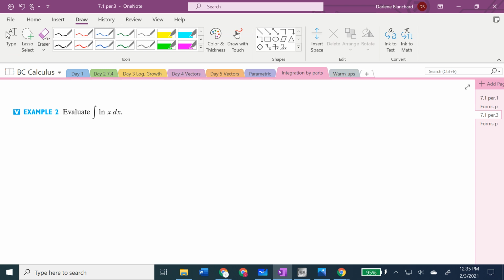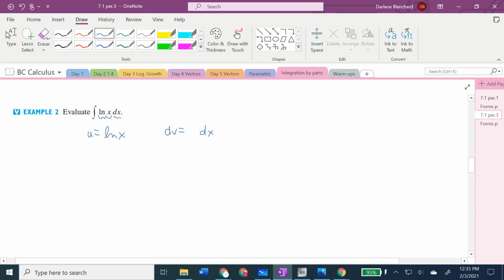As we set up integration by parts, the typical setup is you write u equals, you write dv equals, and you split up that integral. The dx must always go with the dv. Then, if you have a logarithm, that needs to be the u.